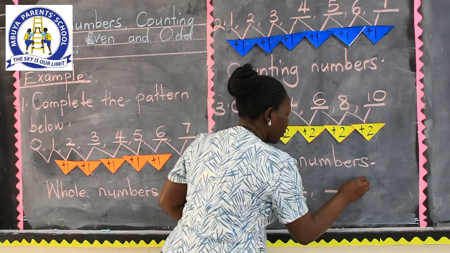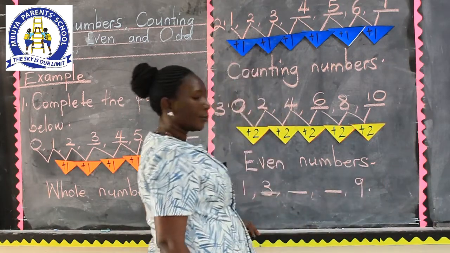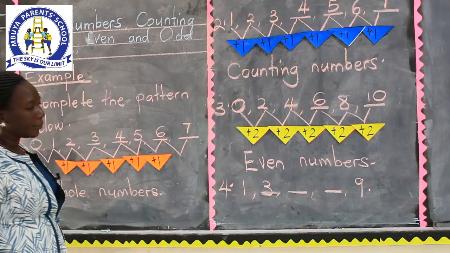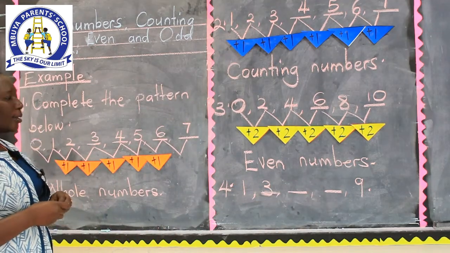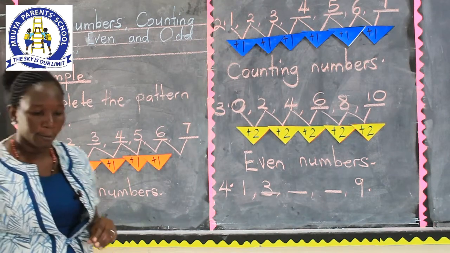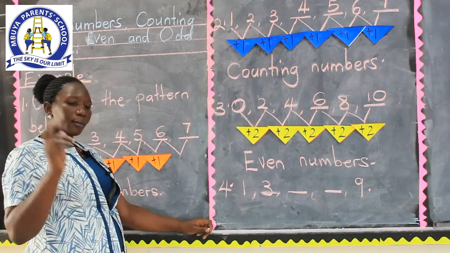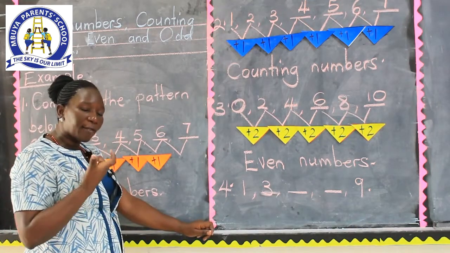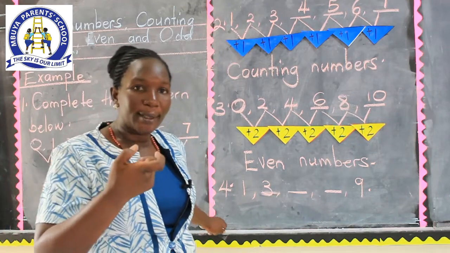We have 9 there. We are looking for these 2 missing numbers to complete the pattern. Don't forget, you have to compare the first 2 numbers to get the pattern.